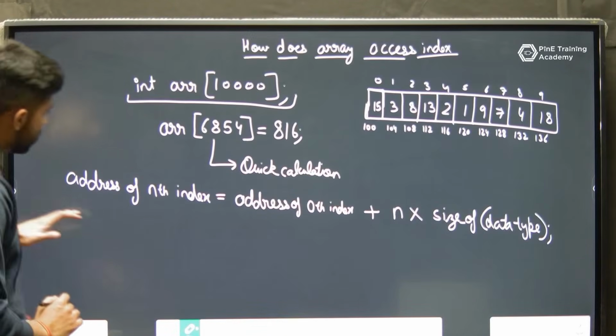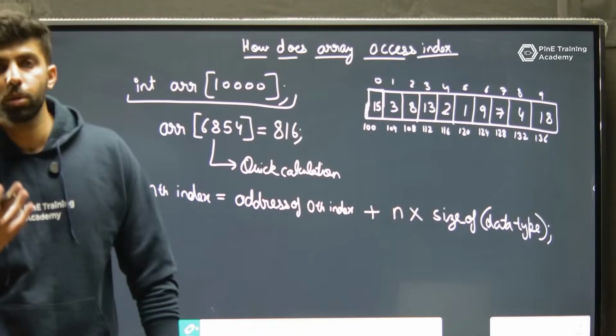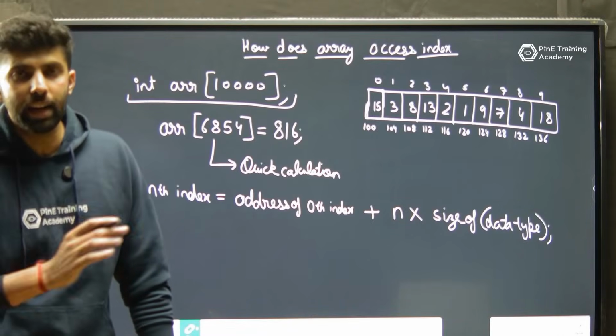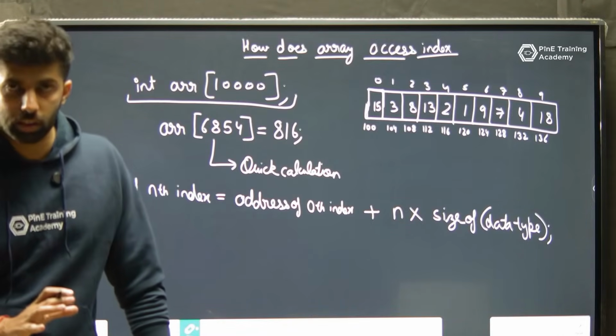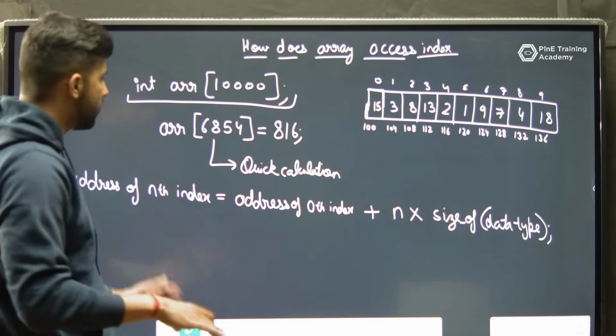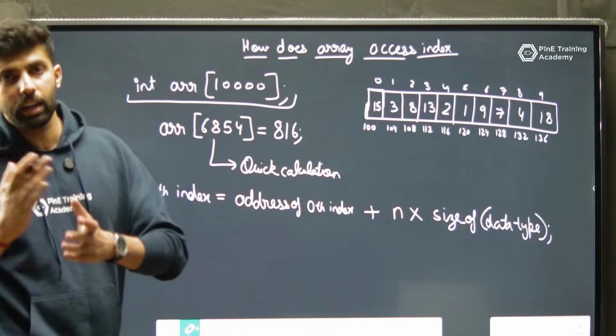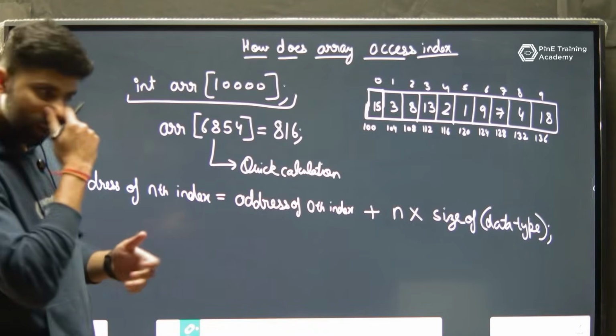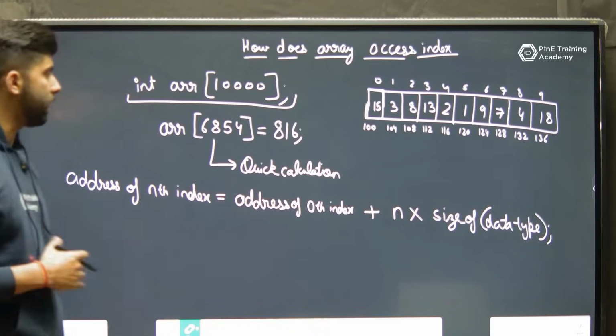This is the formula used by the array to calculate the address of any index it wants, and it happens very quickly. Because of this formula, the array doesn't jump from index to index. With the help of this, it can calculate any address.